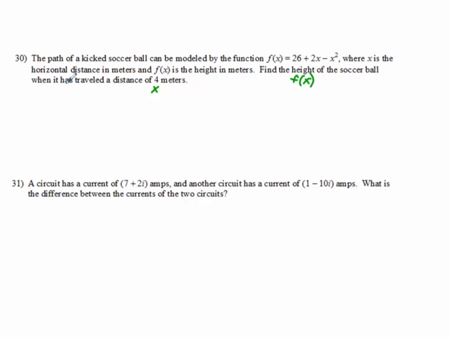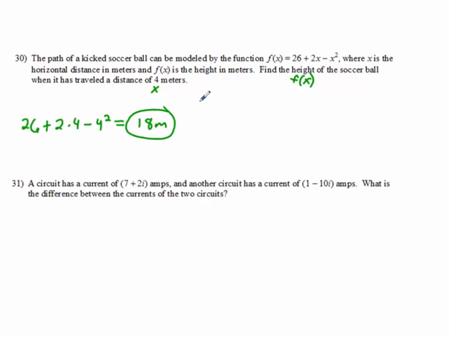So all we really need to do on this problem is plug in a 4 for x and figure out what that is. 26 plus 8 minus 16. So I think you get 18. And our units are in meters.